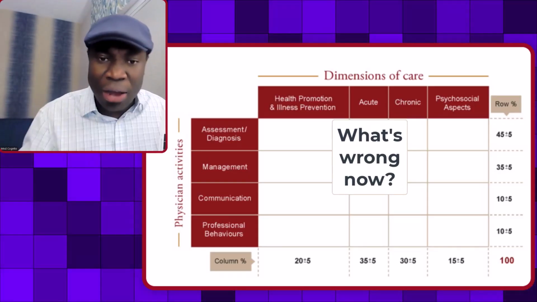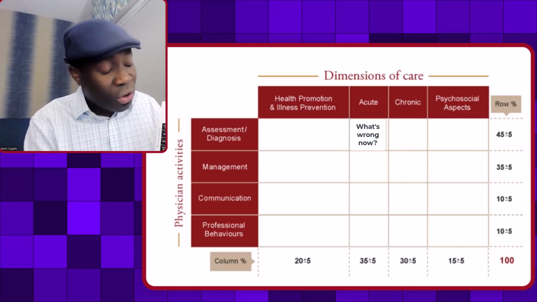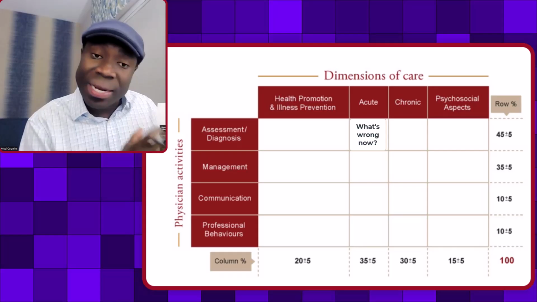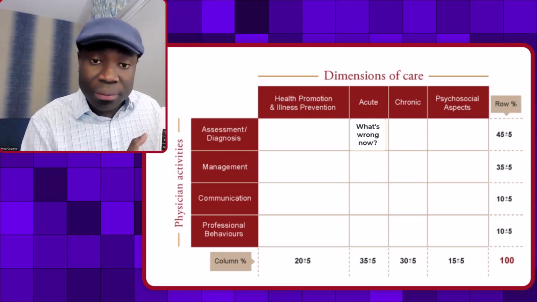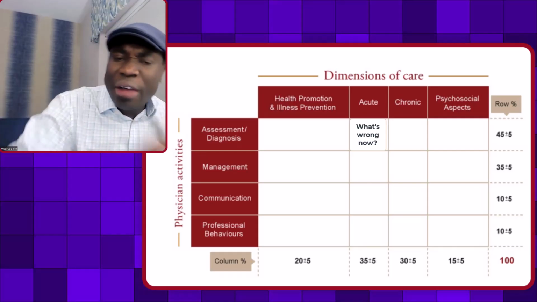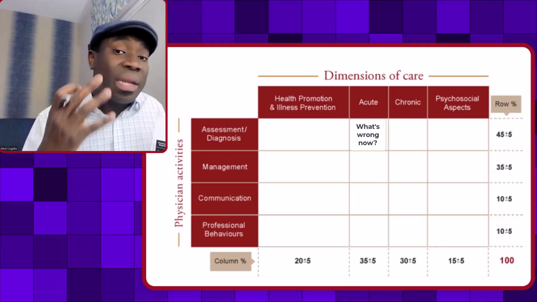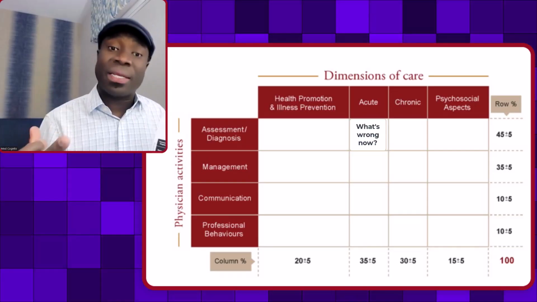Things are happening now. And if you look at the percentage of questions which are distributed according to the way the medical counselors labeled it, out of the 230 questions, you should expect 35 to 38 questions. So what's wrong now? You are literally thinking about acute medicine, emergency medicine, okay?